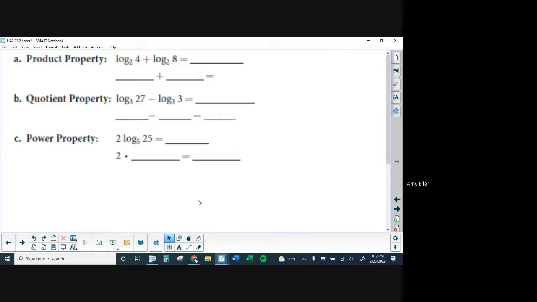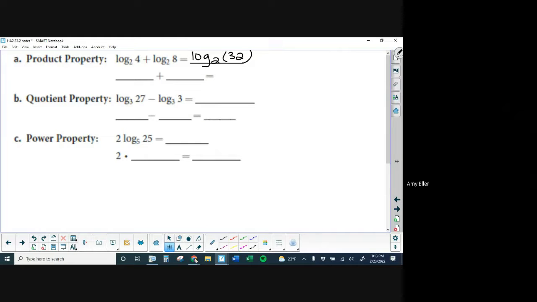I can take these 2 logs that are added and turn it into 1 log of multiplication. Anybody tell me what that 1 log is going to be? Log base 2 of 32. Yes.